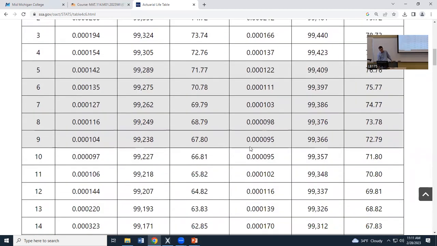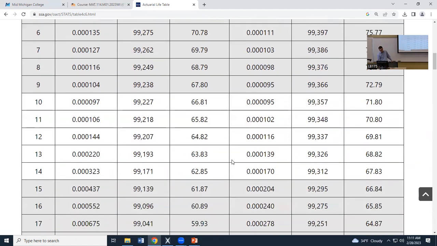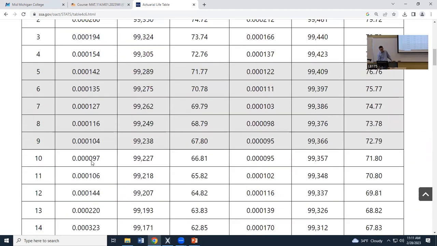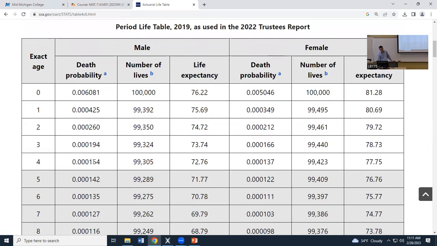It gets the closest at 10 years old, but then it starts going farther apart. So death must be sexist against males, right? No, it's just how biology is.